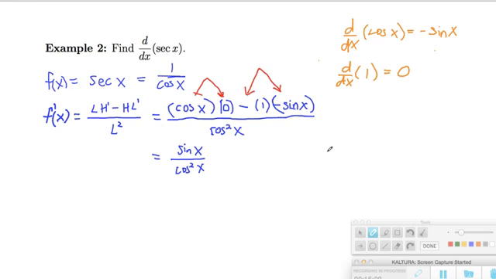If you want to simplify it a little bit more, remember that tangent of x is sine over cosine. So if you think about getting rid of one of those extra cosines, just factor it out. 1 over cosine of x times sine x over cosine of x.